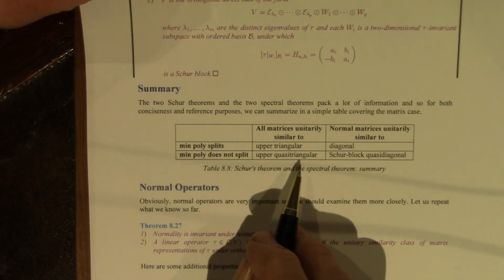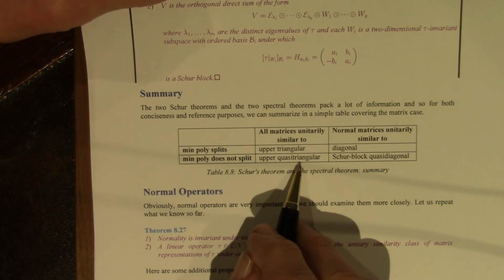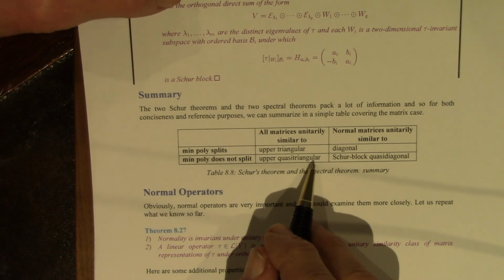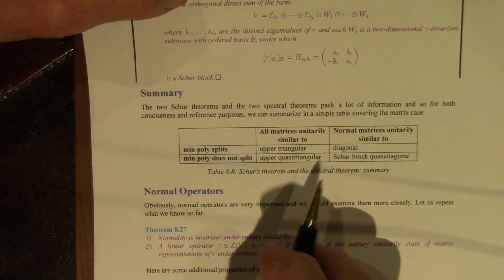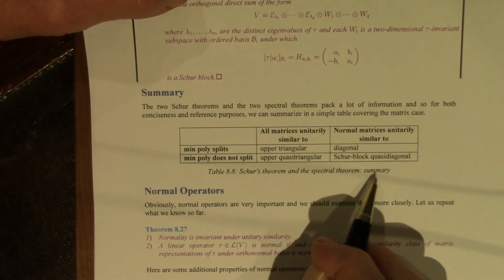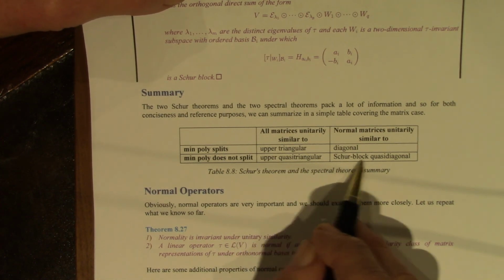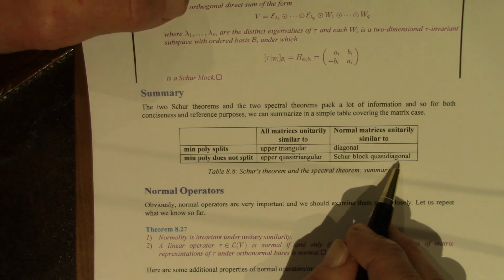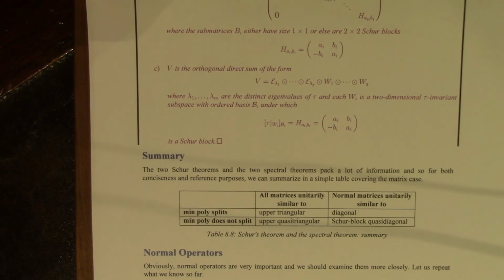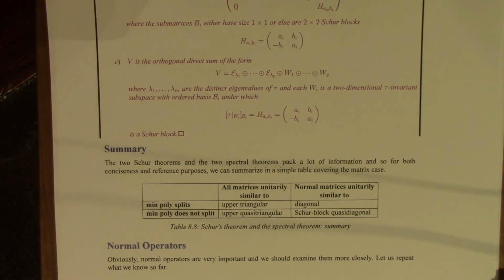This is the same table cut and pasted from the earlier discussion, but we now have justified this. And here's the Schur block quasi-diagonal. So that's the story on what happens when the minimal polynomial doesn't split.